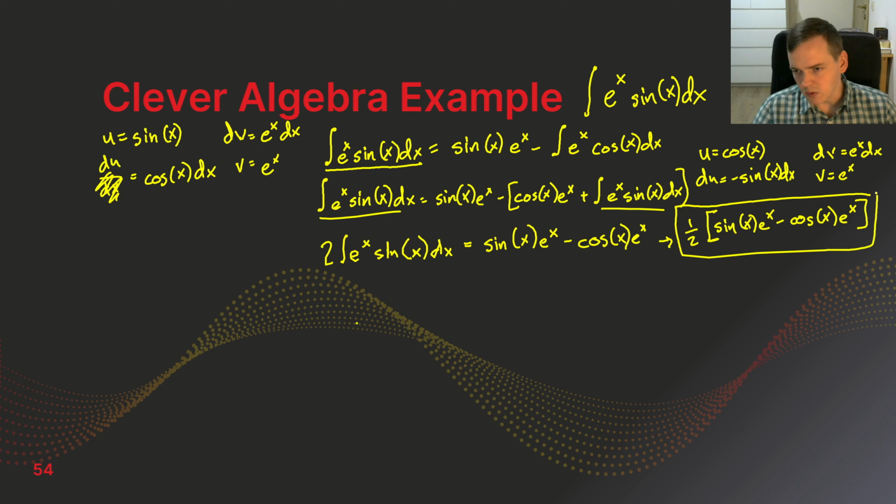And that's our result. Because we had the 2 here, we wanted half of that, so we just divided by 2 on both sides, and that's where we get our result.